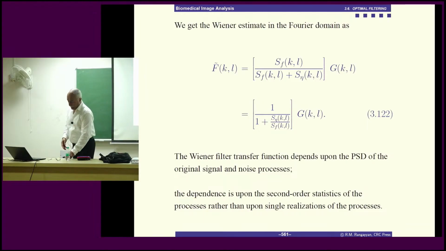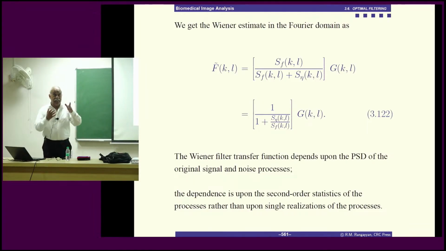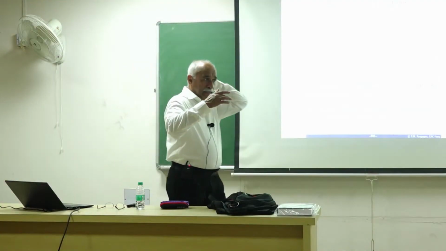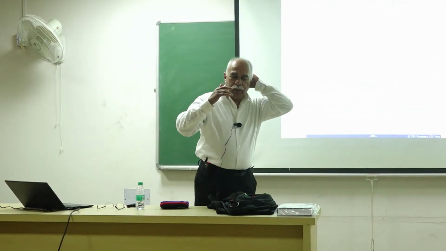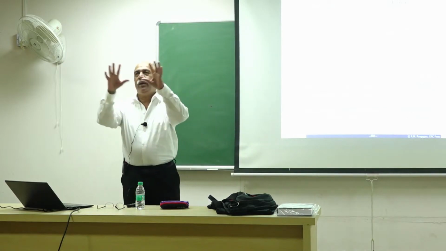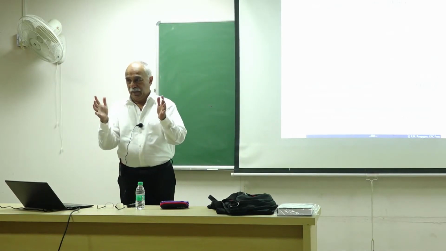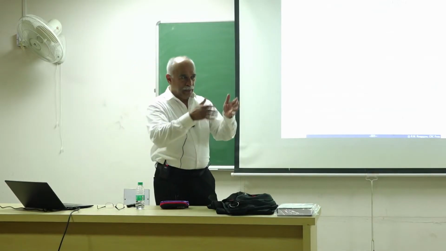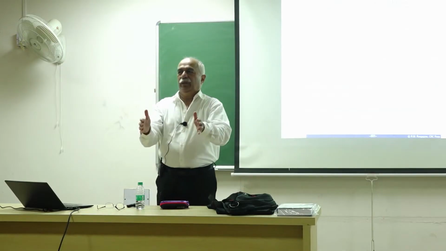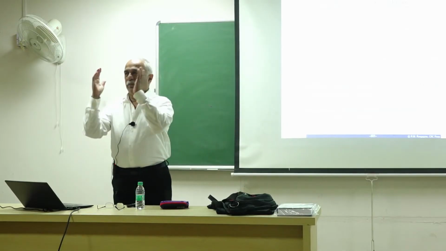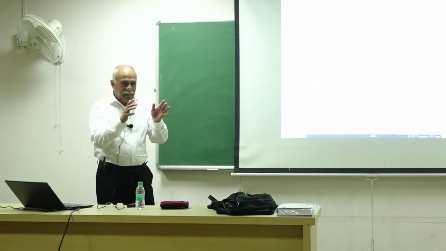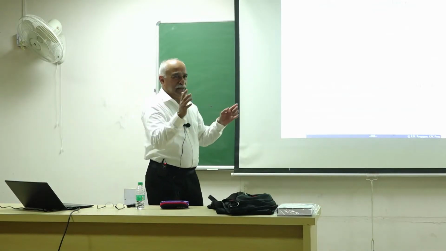I mentioned earlier, when we looked at the statistics of images, that the probability density function and autocorrelation need to be computed with an ensemble or population of images of the same type: mammograms, or CT images of the abdomen of pediatric patients, or male, female, and so on. So there must be a categorization. You don't mix CT with MR and other things.